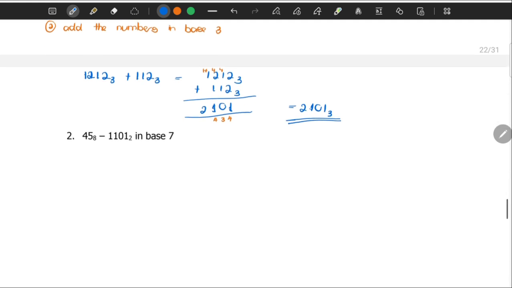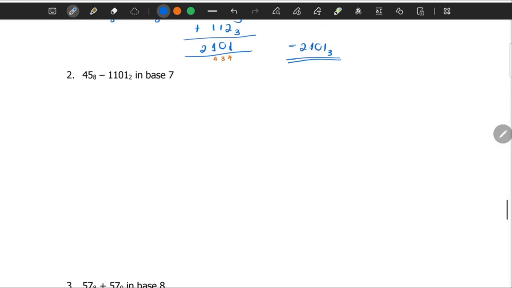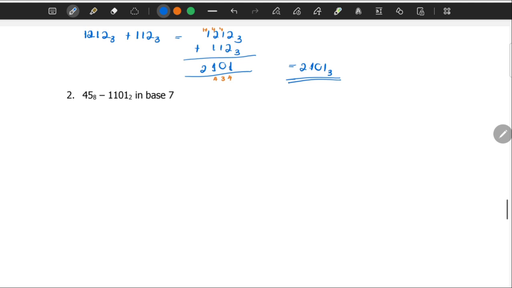Cool. And then the next one, we have 48 base 8 minus 1,101 base 2 in base 7, right? So convert both to base 7.